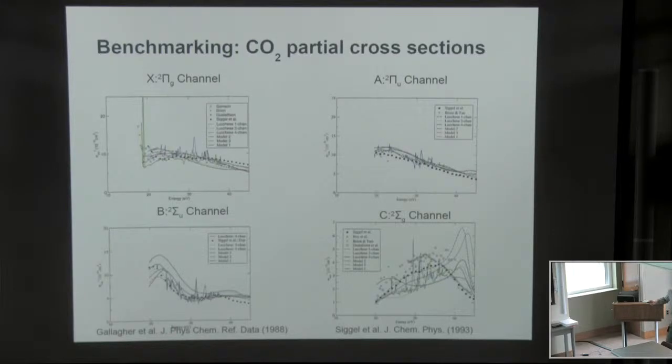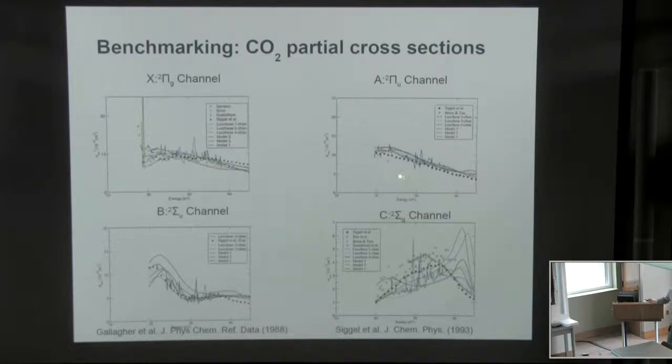They're not very well resolved because I've used quite a coarse energy grid to produce these cross sections. And what you can see, they all kind of lie within all these experimental points. So it's hard to say which is better, really.